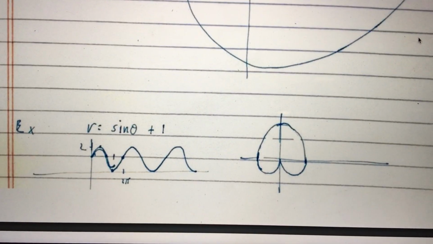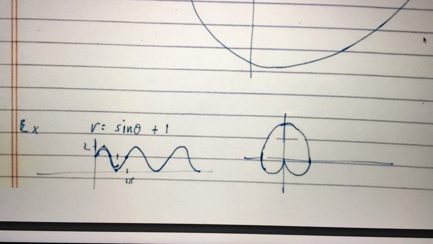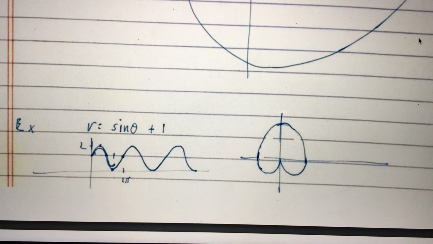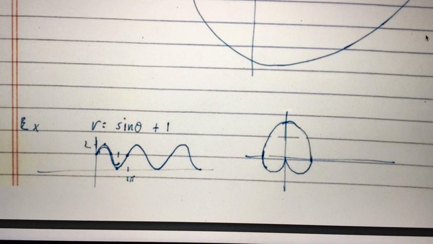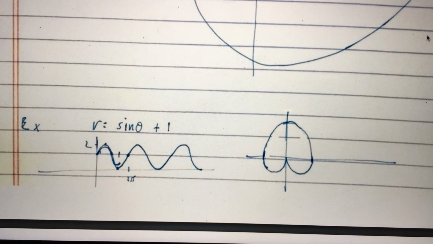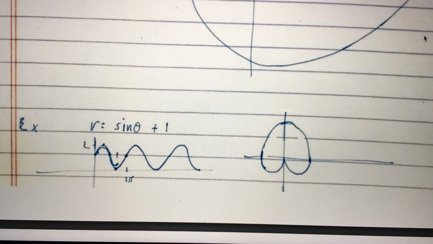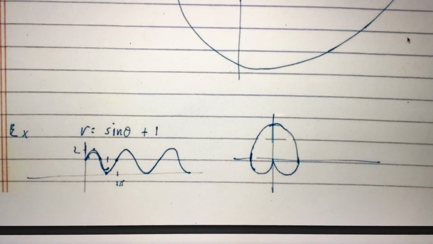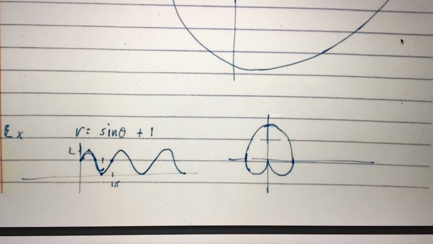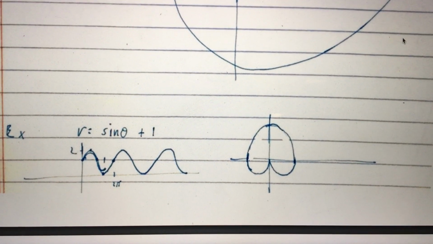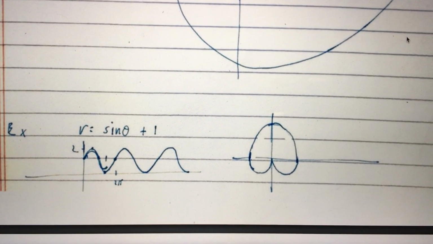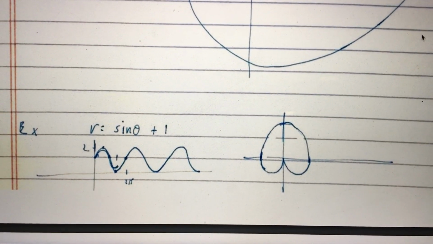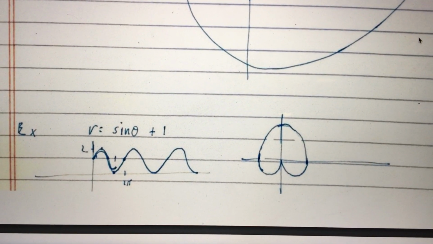So you can draw the graph of r equals sine theta plus 1 on a normal, regular Cartesian graph, where theta is the horizontal and r is the vertical. But if we're talking about polar points, then we'll need to plot it on a polar graph, where r is the radius and theta is the angle.